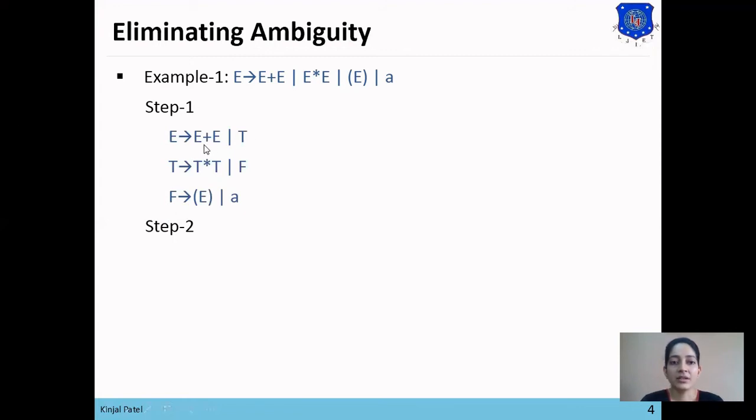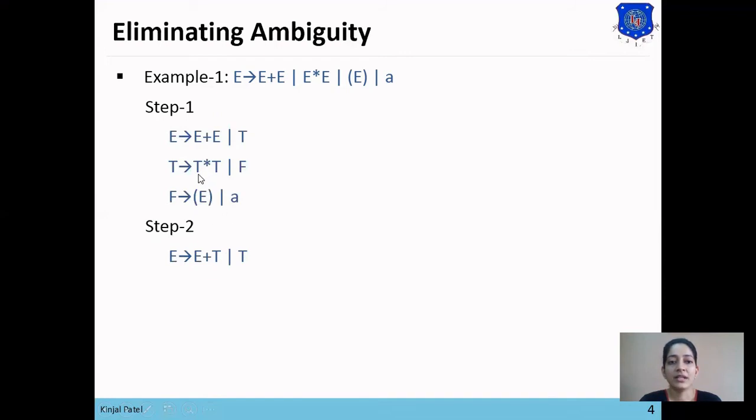As plus is left associative, we will block the right side, and we will change the symbol E with the new non-terminal T. So here you can see that we have changed our statement from E gives E plus E or T to E produces E plus T or T. So now we cannot derive plus from the right side. We can only derive more than one plus from the left side.